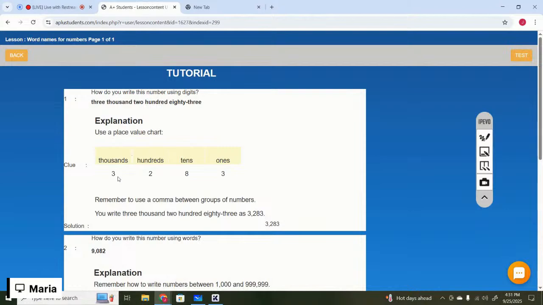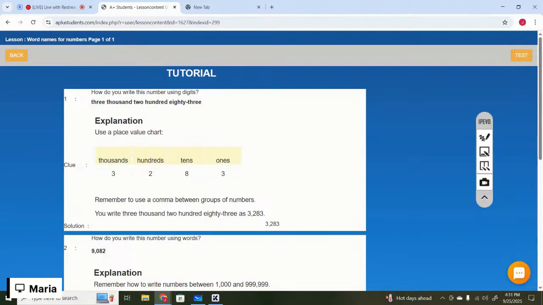How do you write this number using digits? 3283. So basically, that's how we read the numbers, right? So 3000s, 200s, 83.